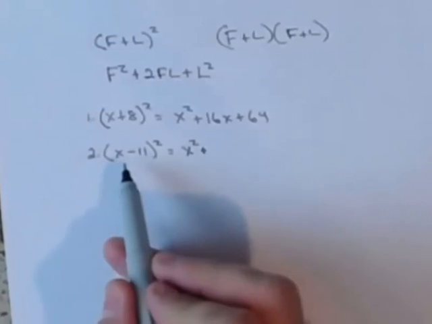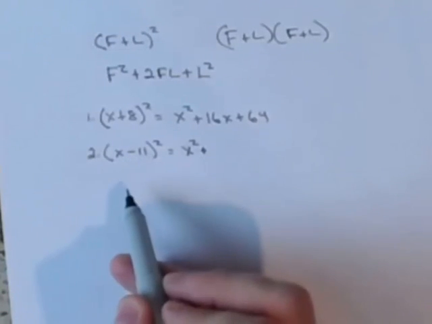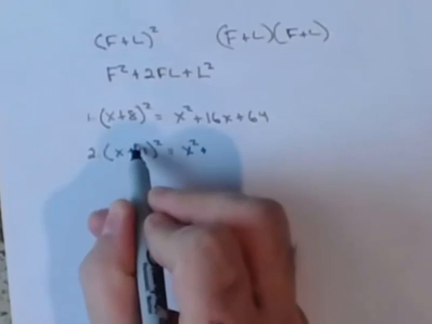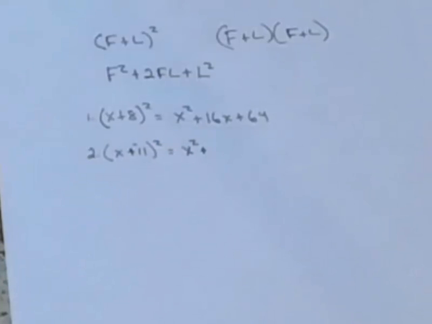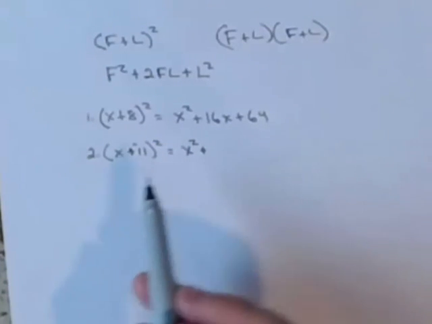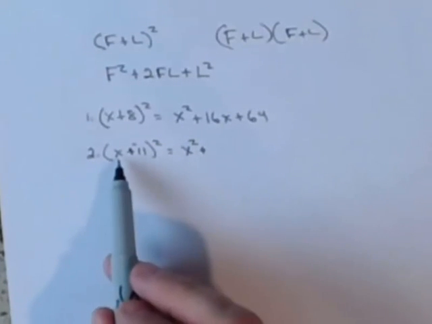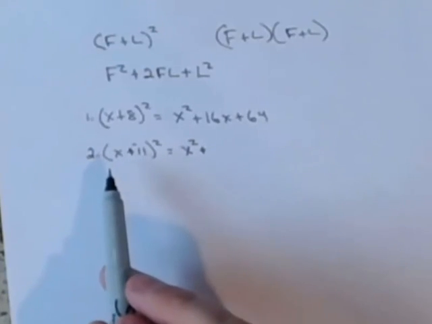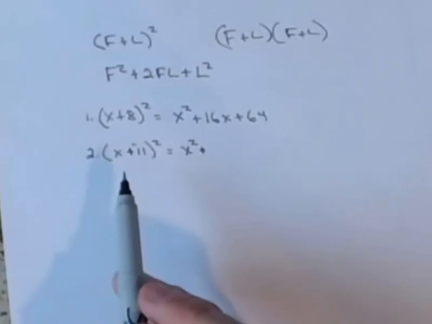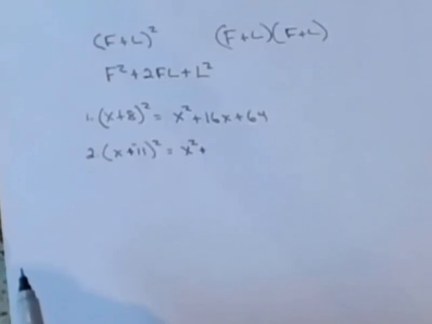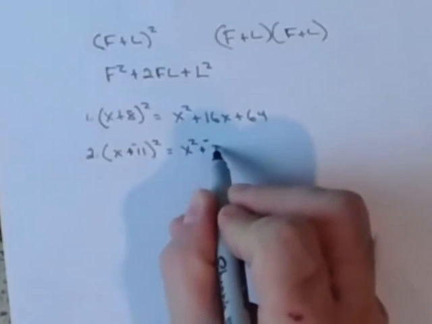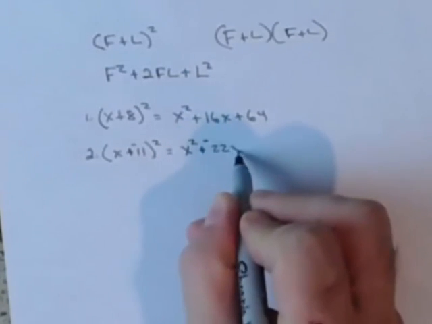Remember that x minus 11 squared could be written as x plus a negative 11. And so what we need to remember here is the first times the last times 2 would actually be x times negative 11 times 2. The negative 11 gives us negative 22x.